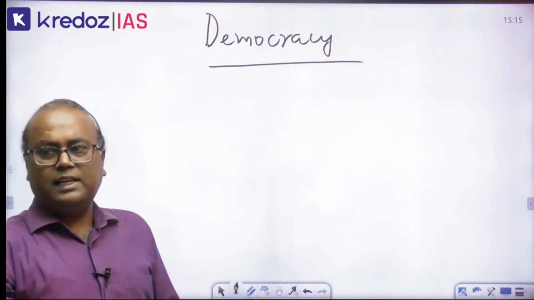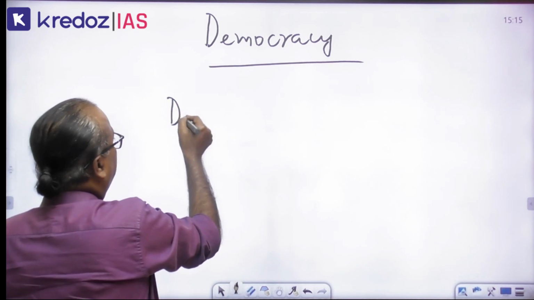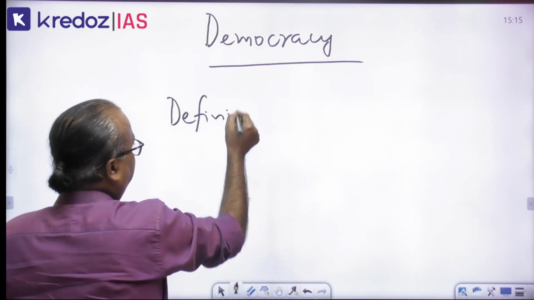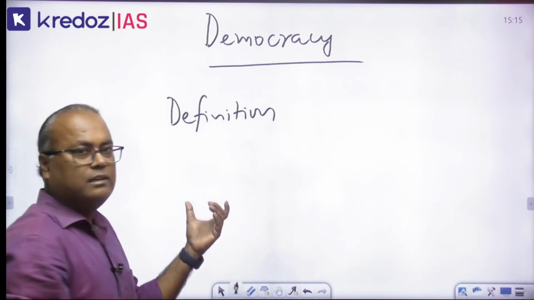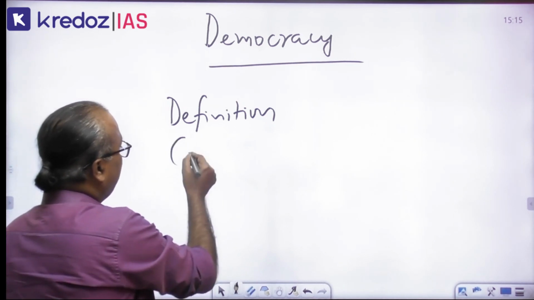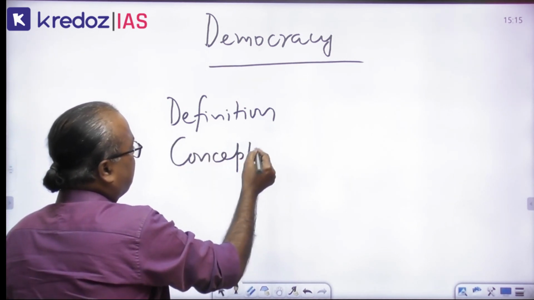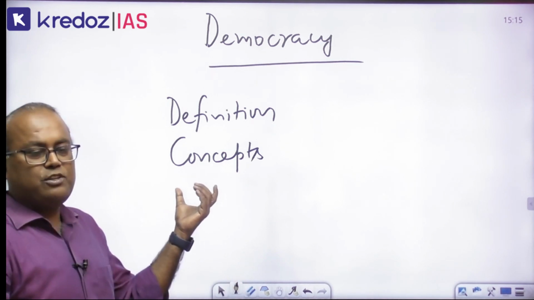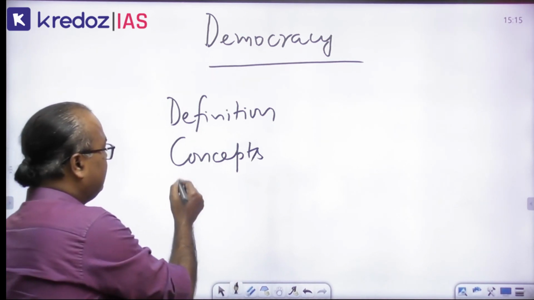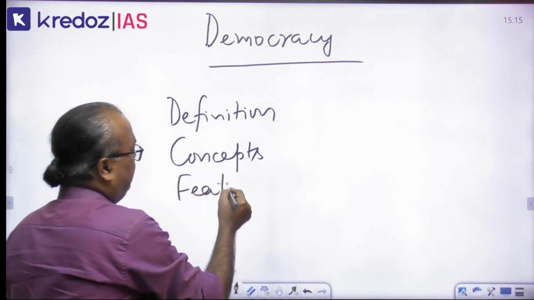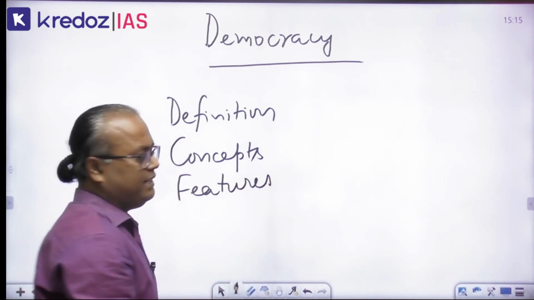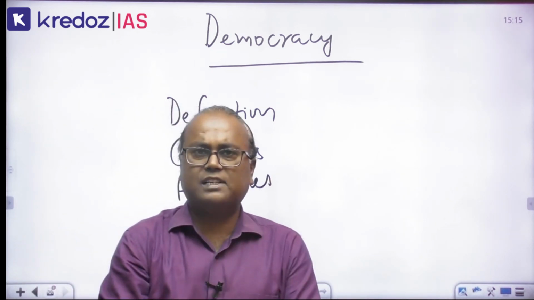In democracy, at first, what is the definition of democracy? Then what are the concepts of democracy? Then the features of democracy. What are the different features of democracy?